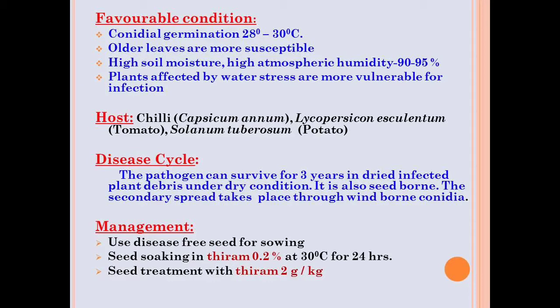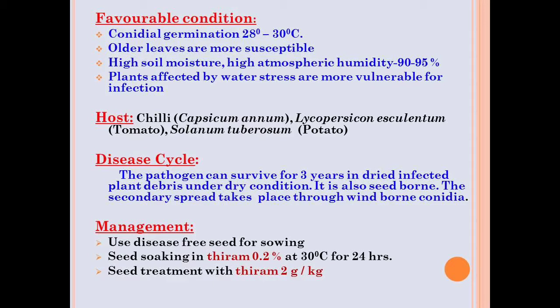It can also survive for 3 years in dried infected plant debris under dry conditions. It is a seed-borne pathogen. The secondary spread of this pathogen is always by means of airborne conidia produced on dead twigs or dead material. So for management of this disease, we have to use disease-free seeds for sowing or for preparation of the nursery.